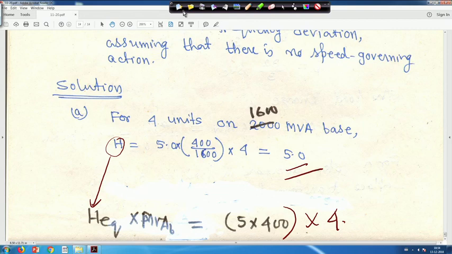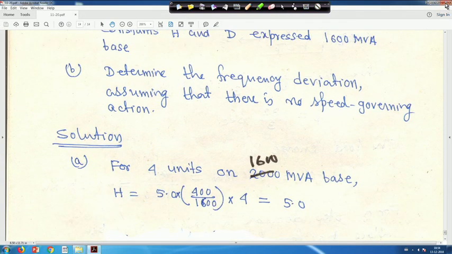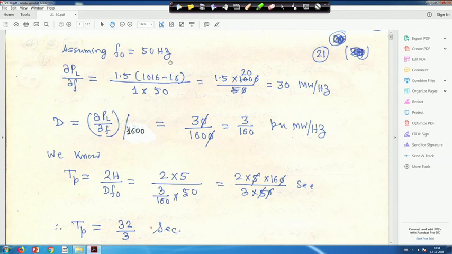We will go to the next page. Assuming that F0 is equal to 50 hertz, delta PL upon delta F is given as 1.5% change of load for a 1% change in frequency. So 1.5% by 1% is nothing but 1.5 by 1.